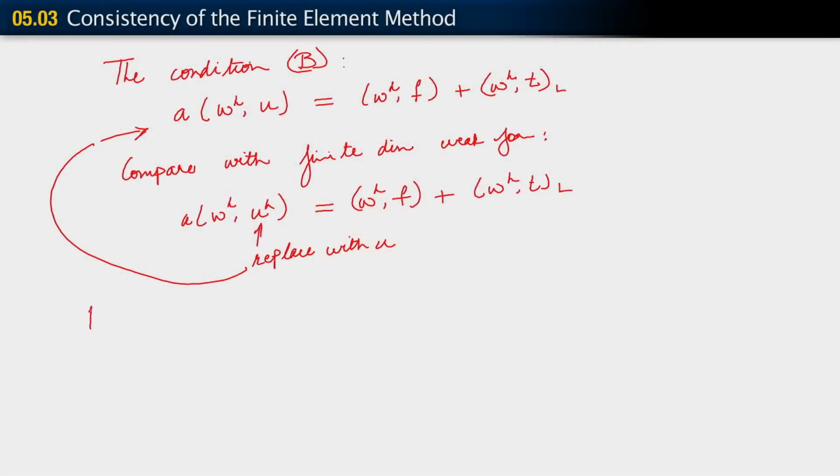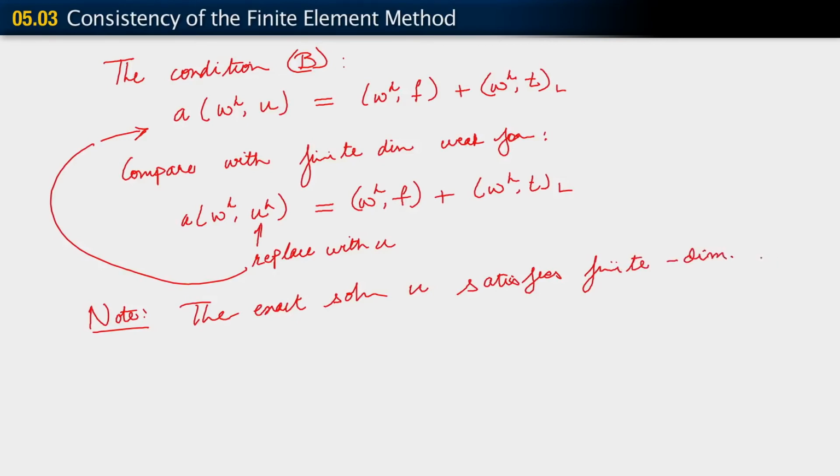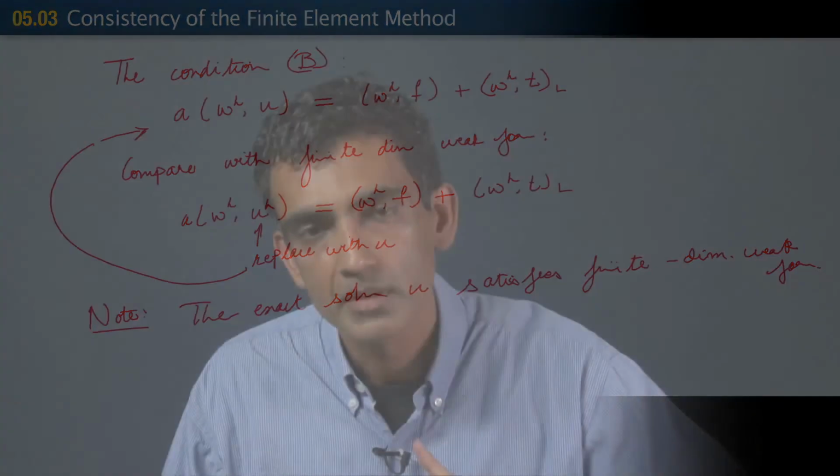So what this is saying is the exact solution U satisfies the finite dimensional weak form. Why is this important? The equation we are actually solving in our numerical method is the finite dimensional weak form.